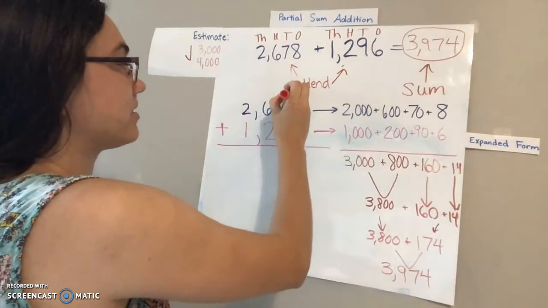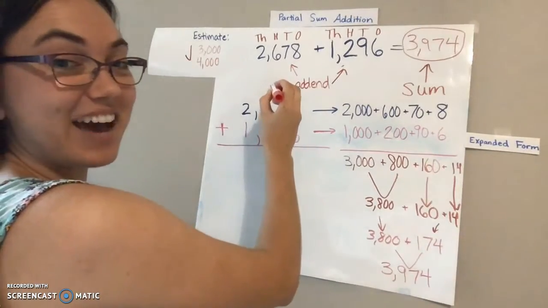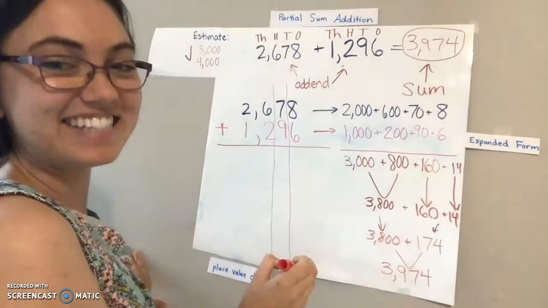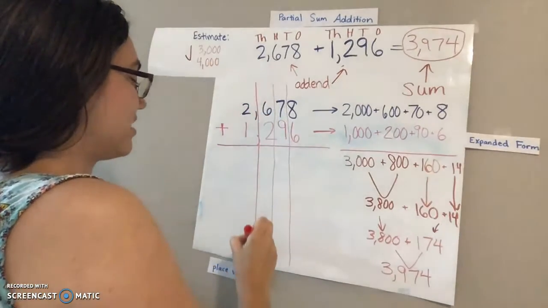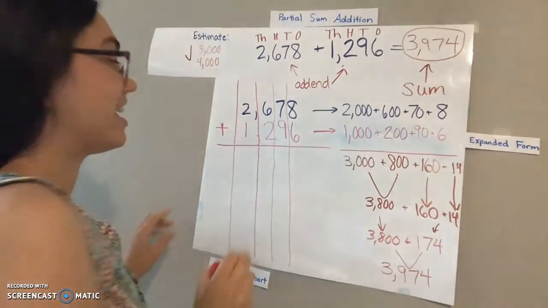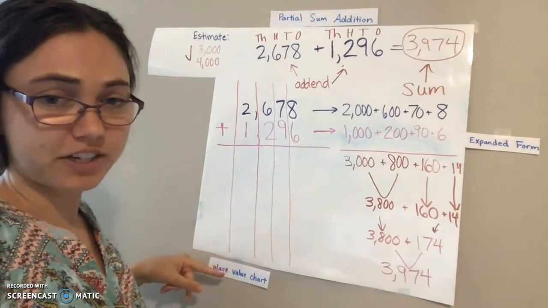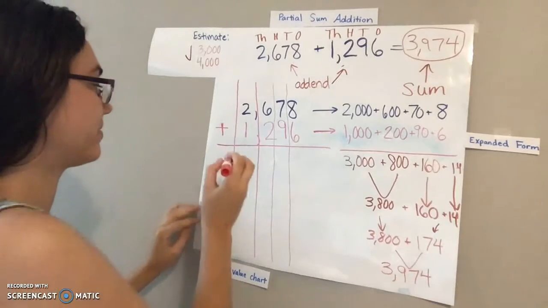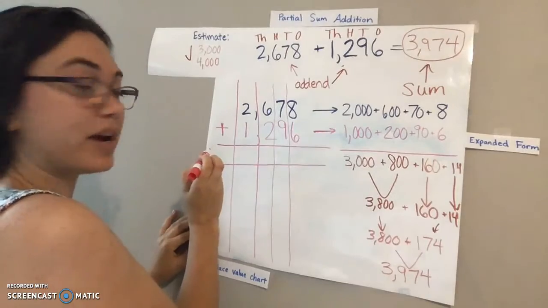Here's our ones. Next is our tens. Next is our hundreds. Now, this is the next step in making the place value chart. We're going to write ones, tens, hundreds, thousands. This will be my ones row.